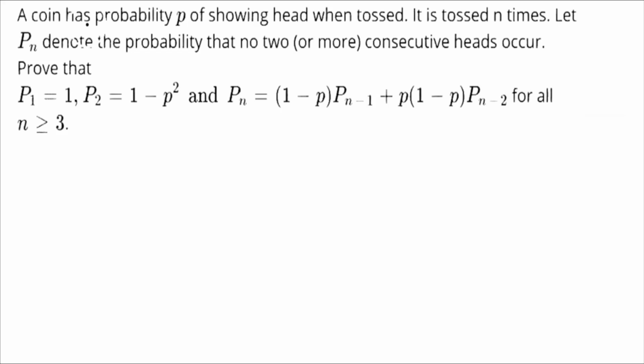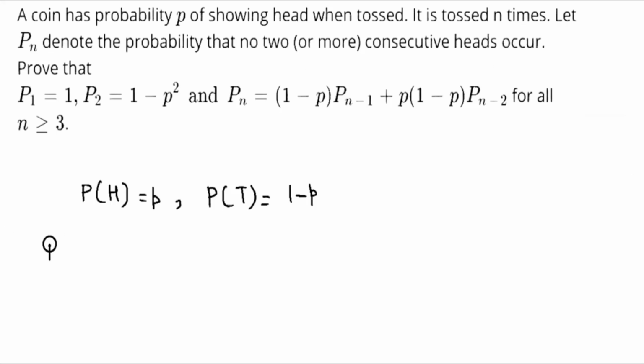So it is given that the coin has probability P of showing head. So we can say that probability of head is equal to P. So the probability of tails will be equal to 1 minus P, since a coin can have either heads or tails. Now it is given that when the coin is tossed n times, Pn denotes the probability that no two or more consecutive heads occur.